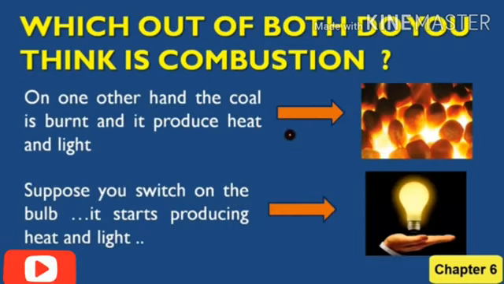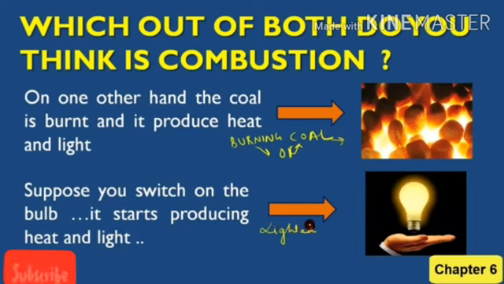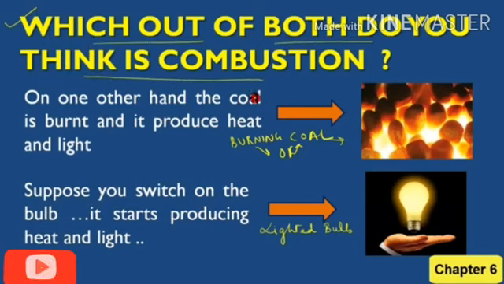Dear students, answer a simple question. Here there is a picture showing burning of coal and lighting of an electric bulb. Tell me, which out of both do you think is showing you the presence of the process of combustion?